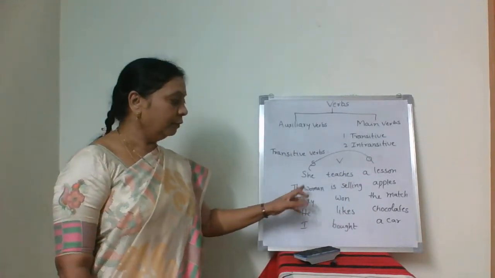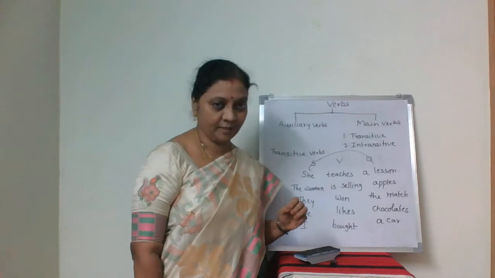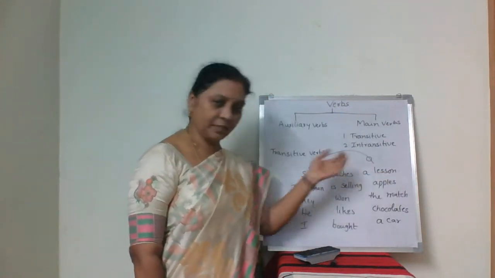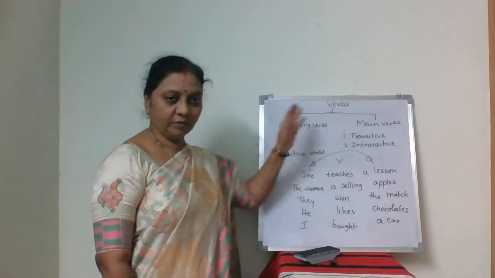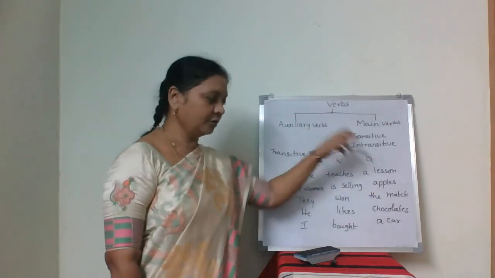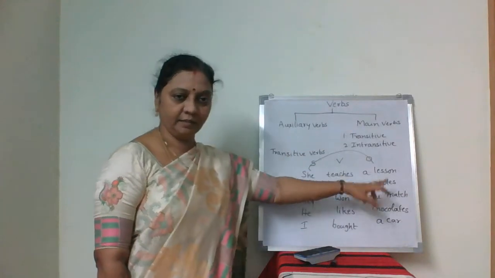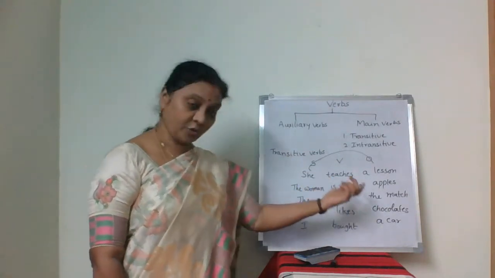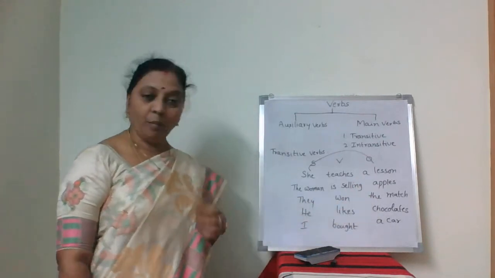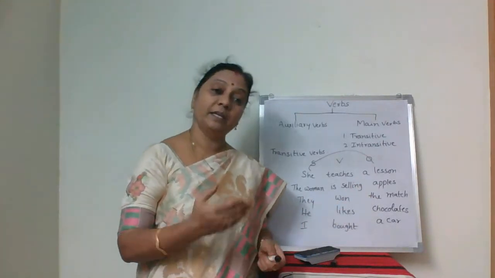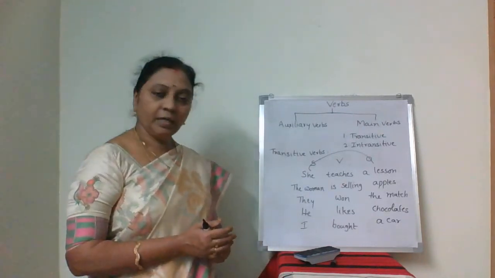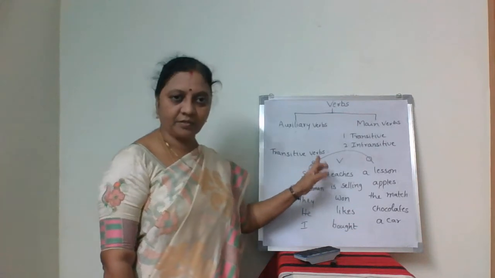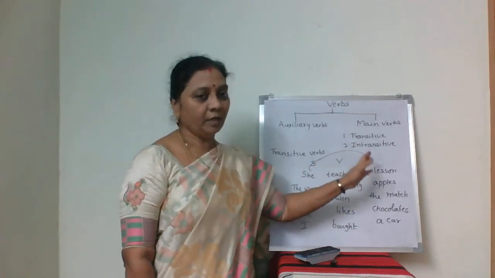The woman is selling apples. The woman, subject; is selling, verb; and apples, object. So it is passing on the action from subject to object. In every sentence, it is like that. They won the match. He likes chocolates. I bought a car. He plays cricket. Plenty of sentences you can write using this structure: subject, verb, and object.